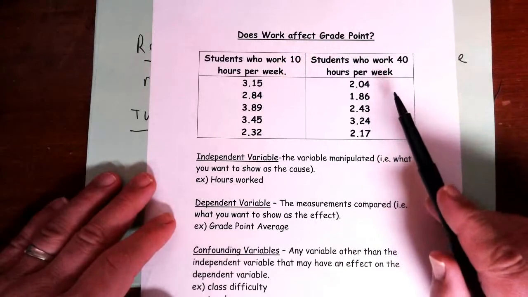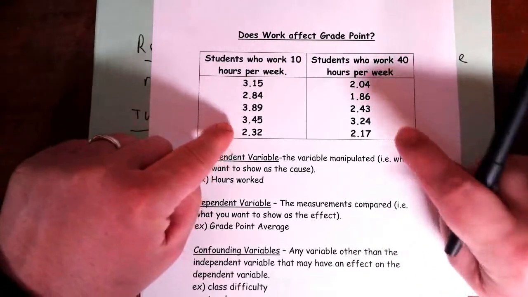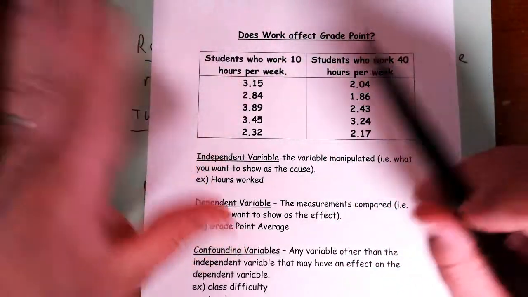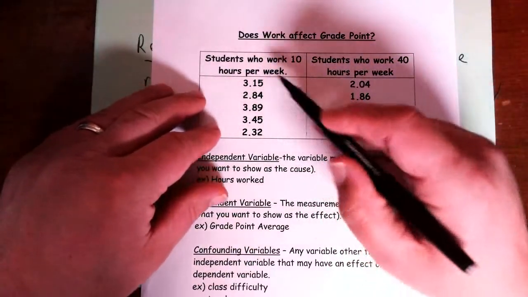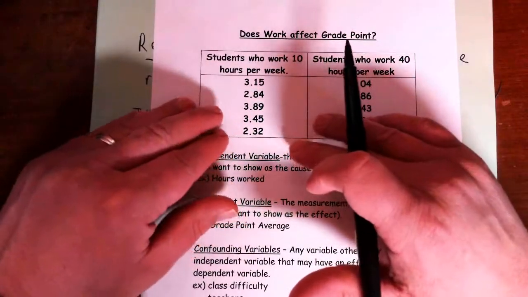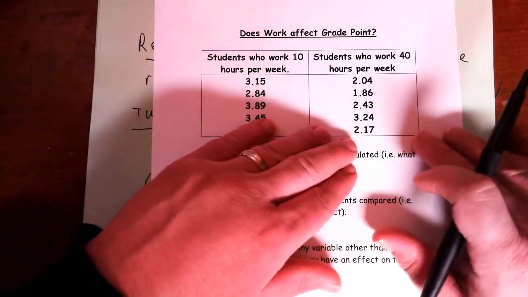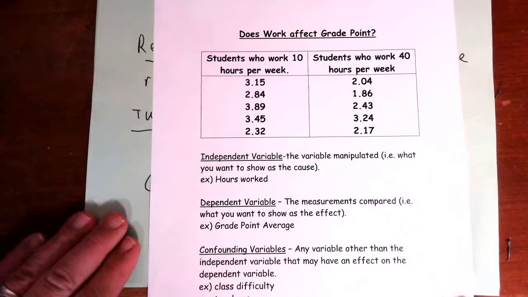And then in the other group, these are going to be students that work 40 hours per week. So in this case, they actually have to control the schedule of these college students. And they tell these college students, you can only work 10 hours per week, and you guys can only work 40 hours per week. You must work 40 hours, you must work 10 hours.